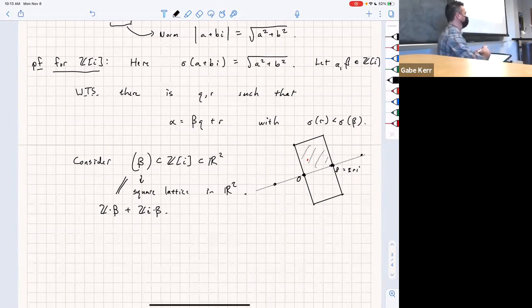In general it's a parallelogram, but here it's a square. That's a key point.